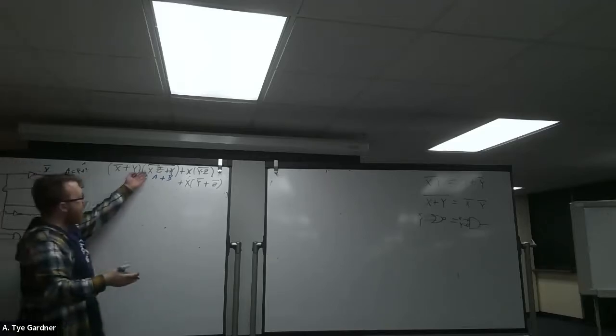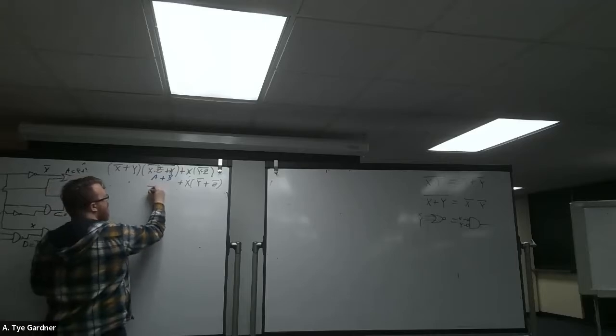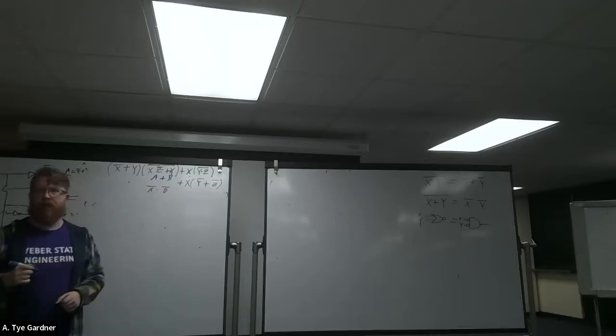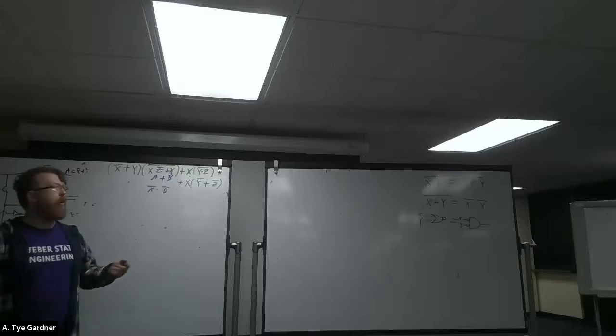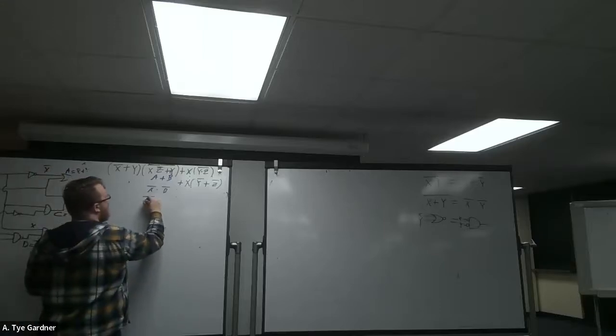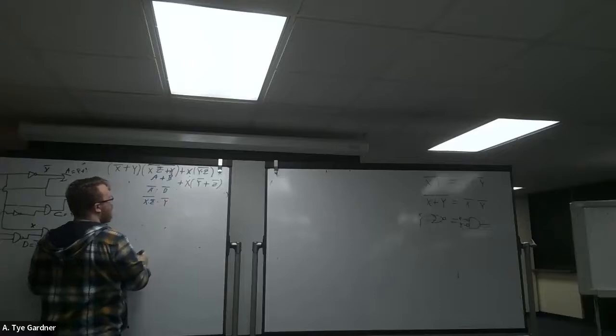And I'm gonna call this whole term A for now. So I end up with not A and not B, okay? And now I can go ahead and replace those, which is not X and not Z, and not Y.